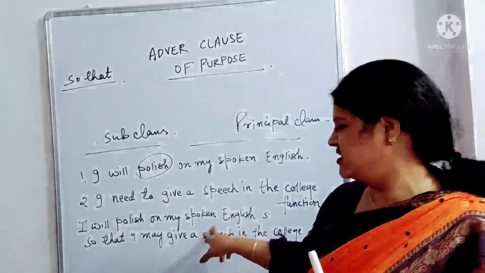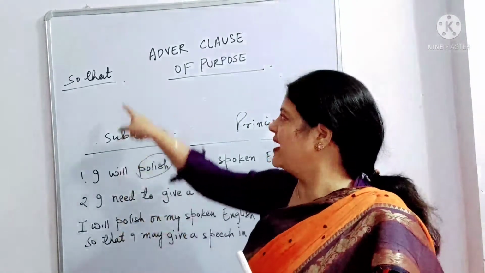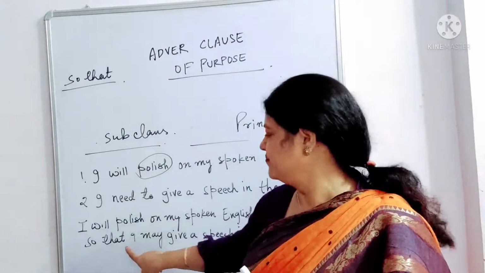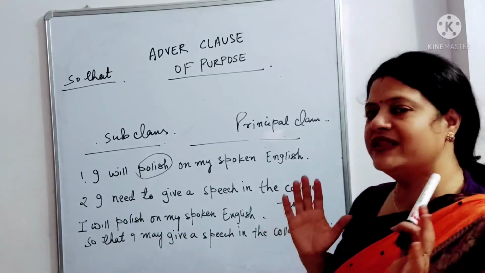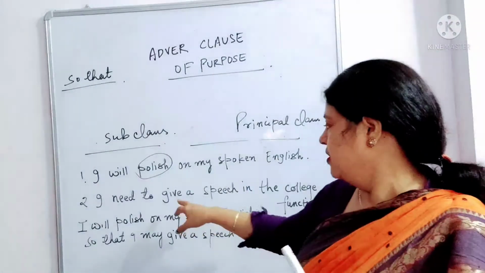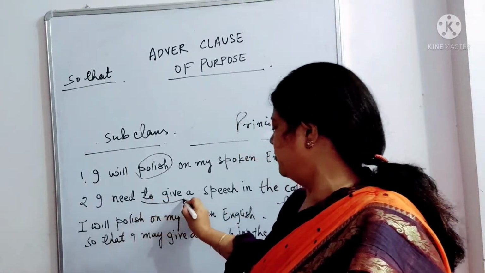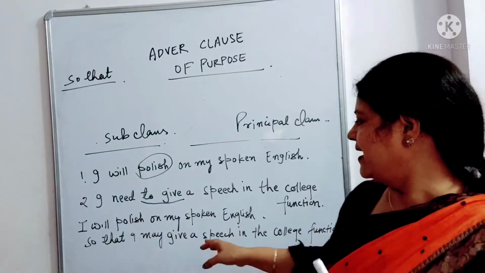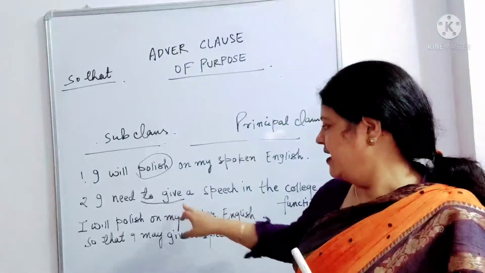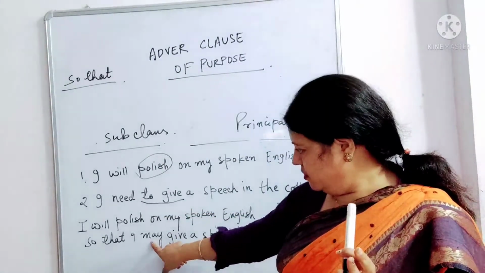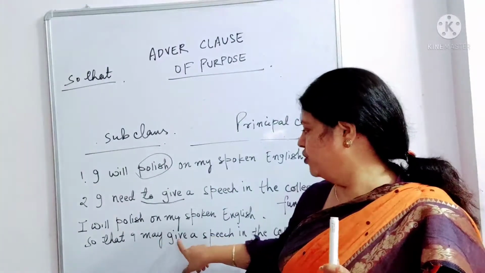So first I have kept this principal clause, then I've added this conjunction, so that I may give a speech in the college functions. Now one thing to be noted is that to give in this sentence is an infinitive. What I did is, before this verb to give, I put a modal verb, that is may, in front of it.